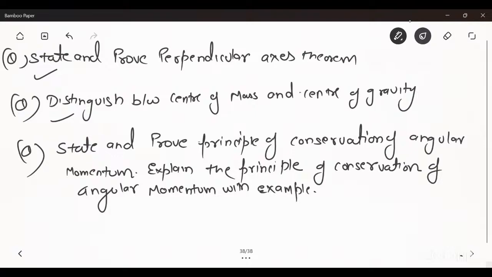Now I'm discussing it. I can solve this question, and in it I will solve both parts. Okay, so first is state and prove the principle of conservation of angular momentum.